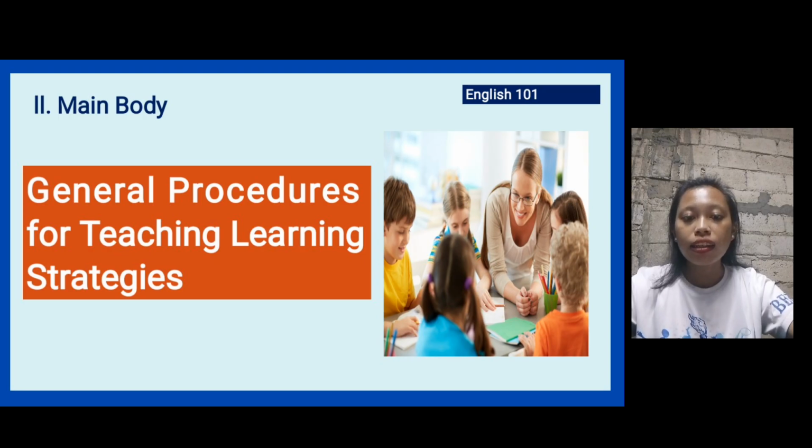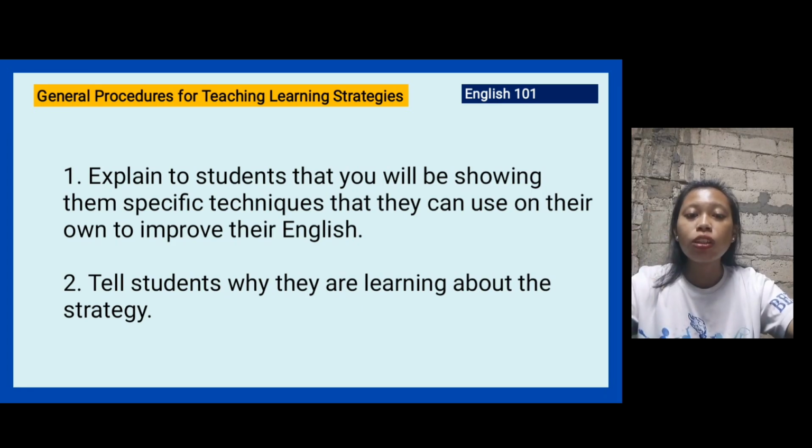Researchers in LLS propose the following classroom strategy training that the teacher can apply within the context of a language task. First is explain to students that you will be showing them specific techniques that they can use on their own to improve their English.